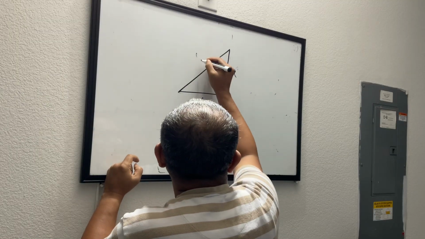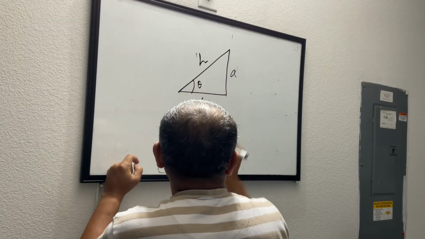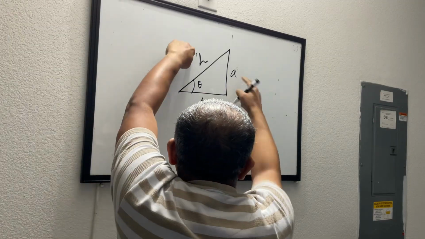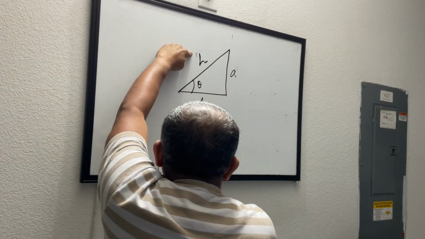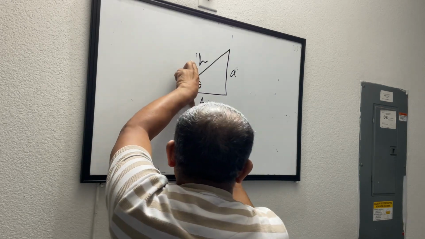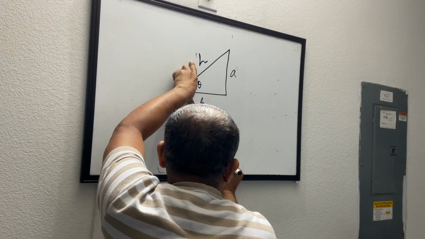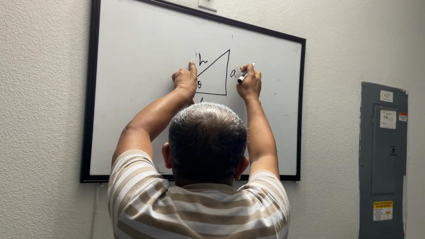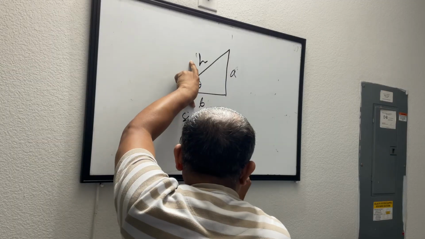This is A, B, and this is my hypotenuse, this is my angle theta. So sine of theta equals A over H, cos of theta will be equal to B over H, adjacent side by hypotenuse, and tan of theta will be equal to opposite side by adjacent side, A over B.